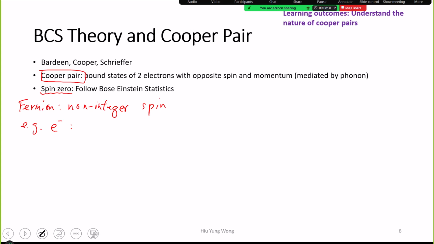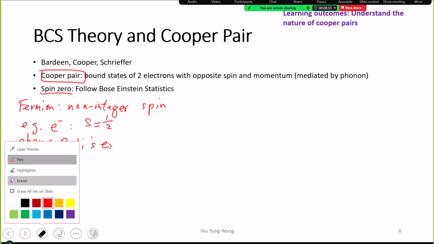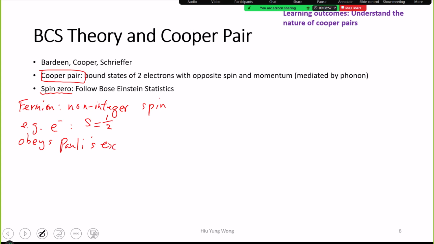Electron has a spin equal to 1/2, right? We talk about that. So what's so special? They will obey the Pauli exclusion principle. If you remember from your chemistry, it means that you cannot have 2 electrons occupying the same state, meaning that you cannot have the same quantum numbers.